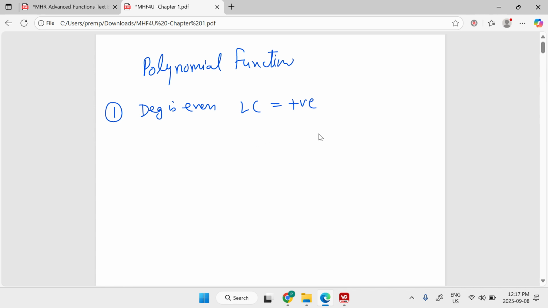If this is the case, your graph will always go from quadrant 2 to quadrant 1. This is how we write quadrant. It can have any form; the only thing is that it should start from quadrant 2 and end at quadrant 1 if the degree is even and the leading coefficient is positive.